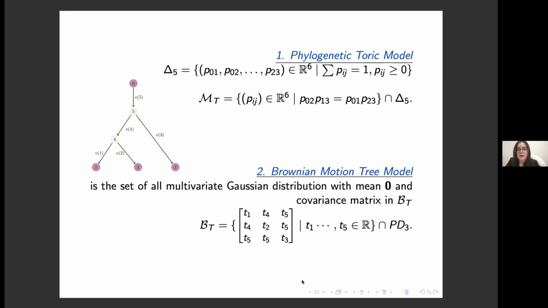On the other side, we can associate this Gaussian model, which is denoted the Brownian motion tree model, which is the set of all multivariate Gaussian distributions with mean 0 and covariance matrices in this set B of T, where B of T is all the matrices that look like this, intersected with the positive definite cone. These are very different: one is discrete and the other is continuous.